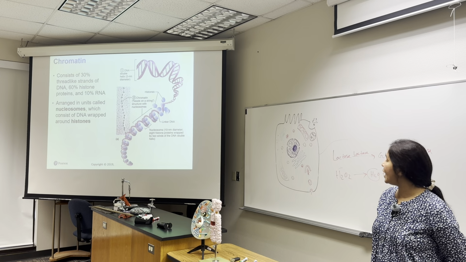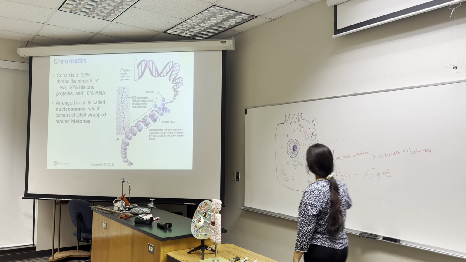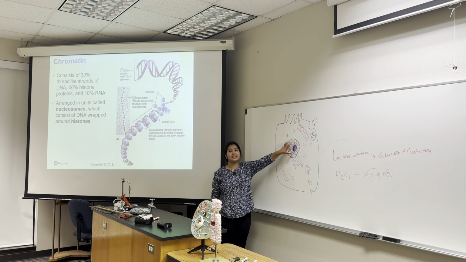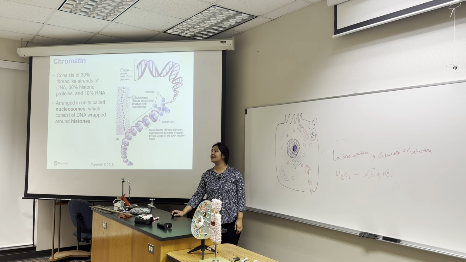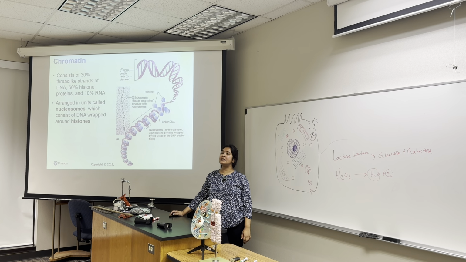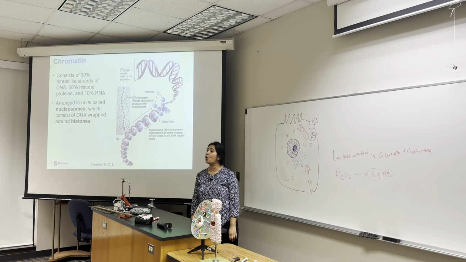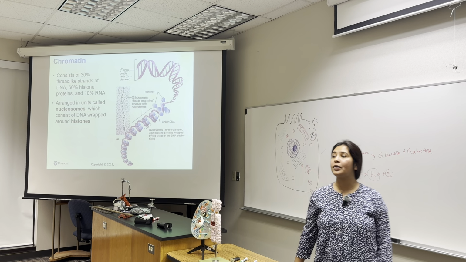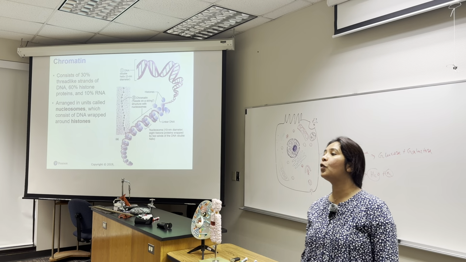Okay, so now let's talk about some important understanding. This part right here that you see has DNA. Not only does it have DNA, it also has protein. DNA and protein together is called chromatin.